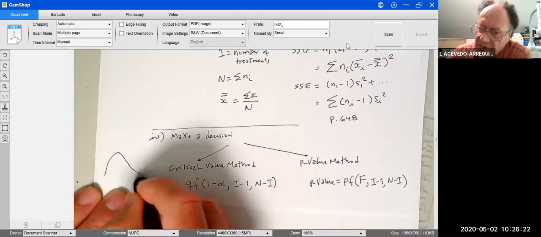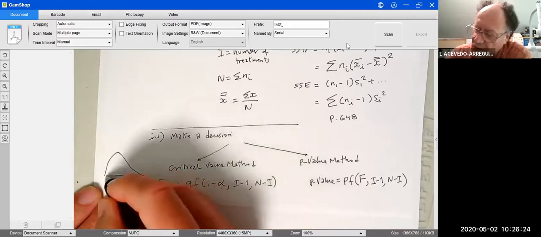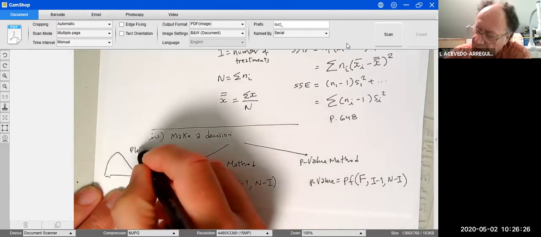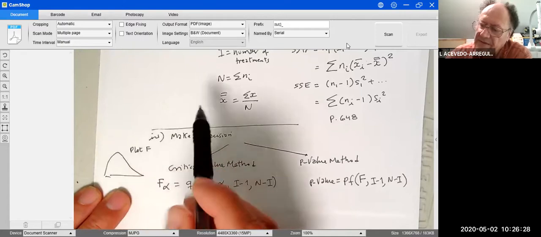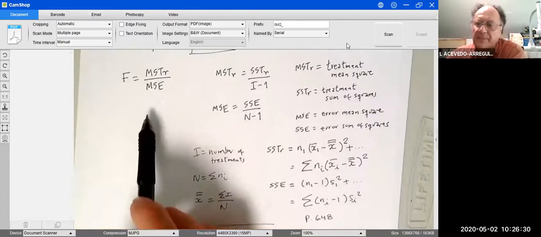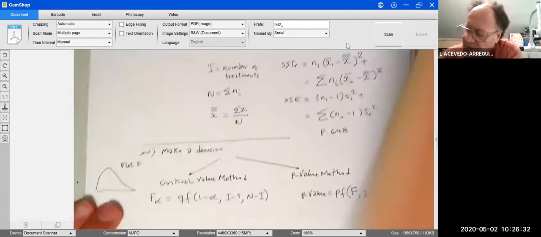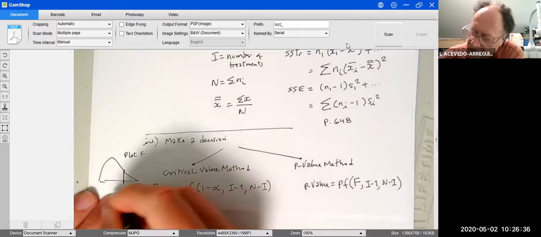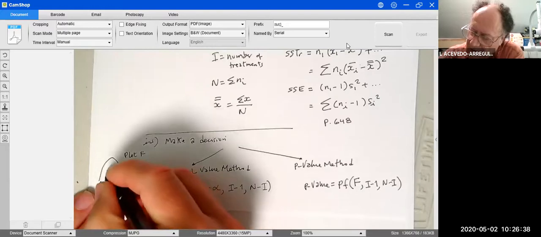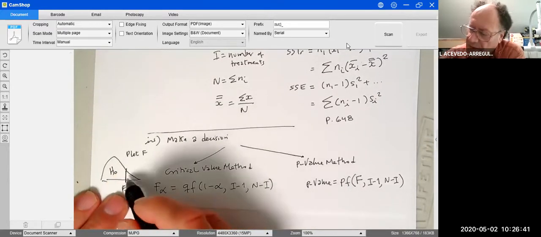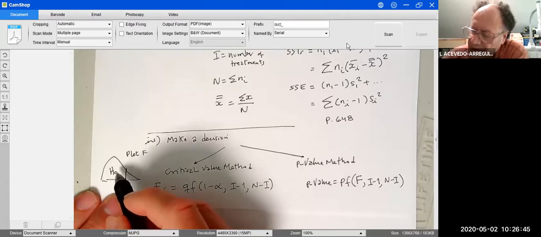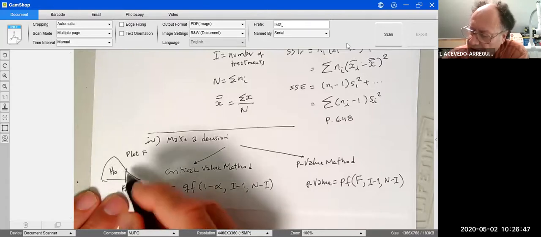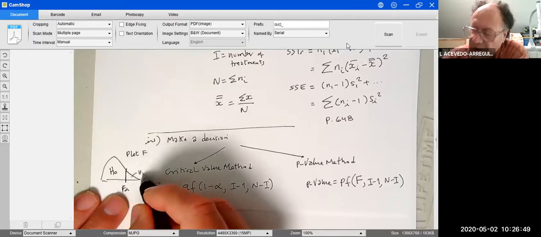If you have your distribution, you're going to need to plot the F statistic that you found in this step. But first you're going to plot the threshold, your f alpha. You know that this is just the value that separates the region that is in favor of the null and the region that is in favor of the alternative.